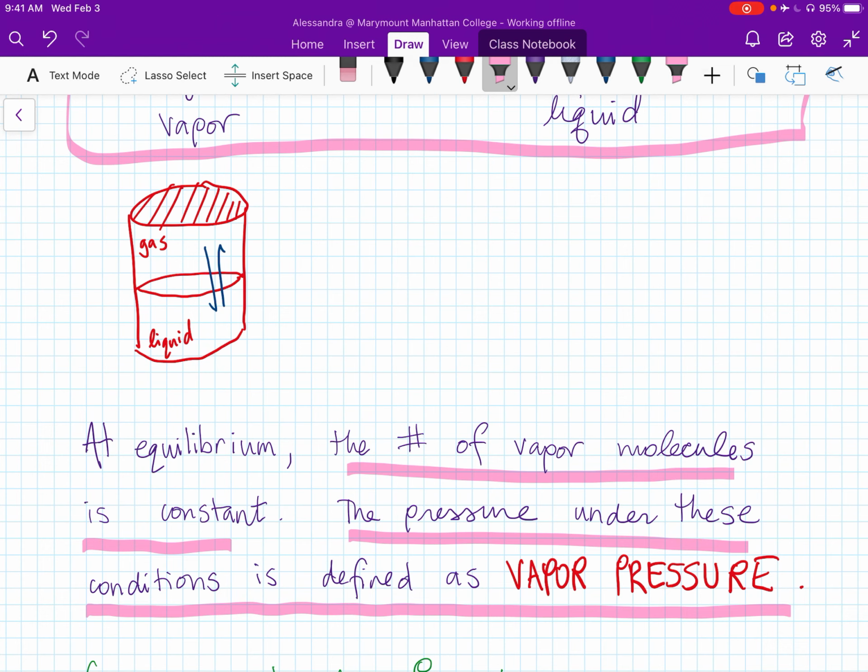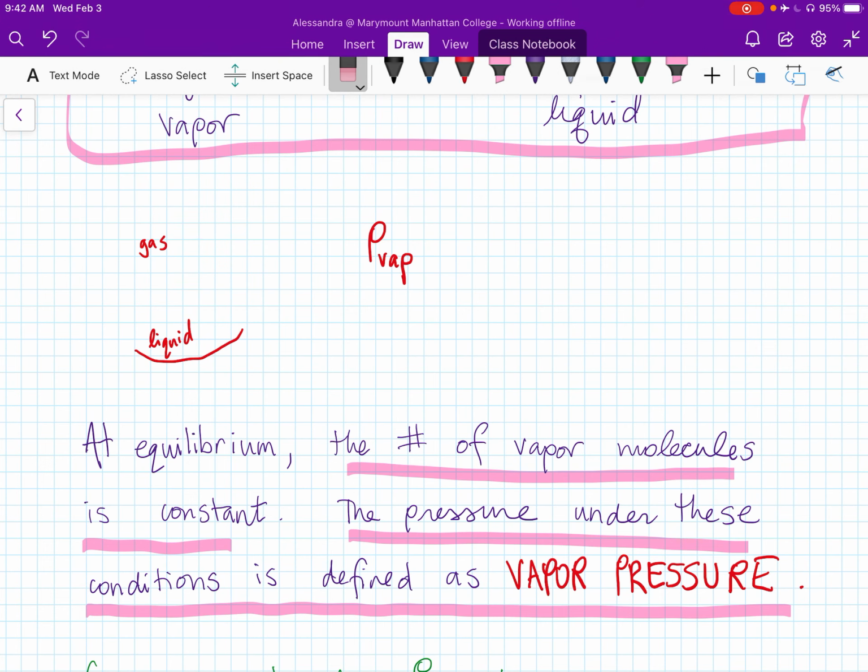Now, think about what happens to vapor pressure with temperature. Vapor pressure, I'm going to abbreviate as PVAP. PVAP is the abbreviation for vapor pressure. As temperature goes up, what do you think happens to the pressure exerted by the gas molecules in that headspace here?